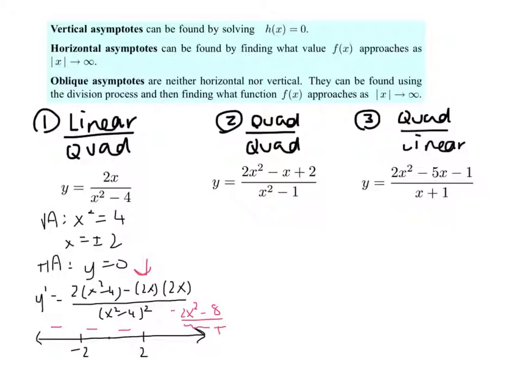And then between 2 and infinity, it's still decreasing because the numerator is actually always negative. So I have asymptotes here, and the graph actually looks something like this.